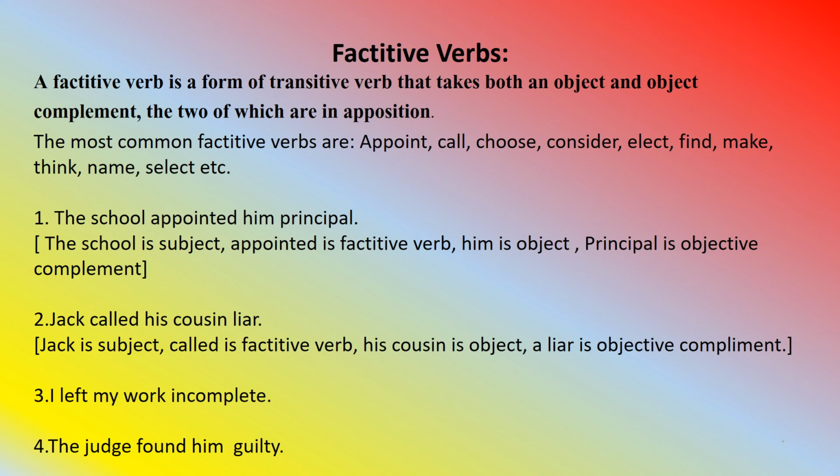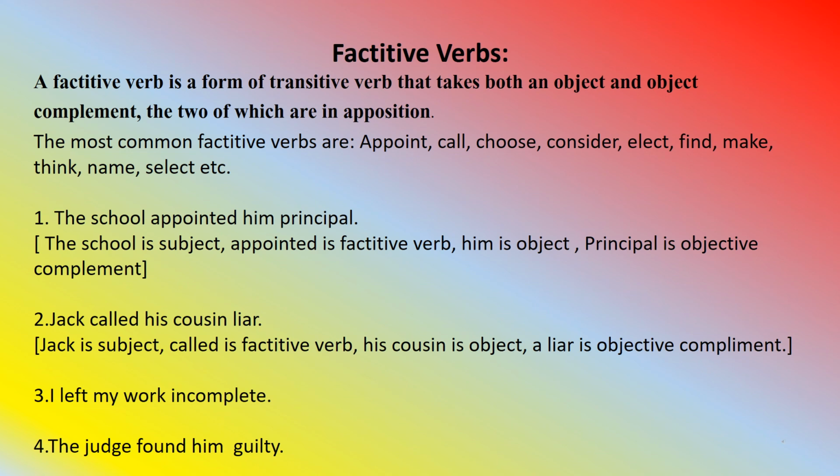For example, the school appointed him principal. The school is subject, appointed is factitive verb, him is object, principal is object complement. Let's remove the object complement from here and see what the sentence is like. The school appointed him.